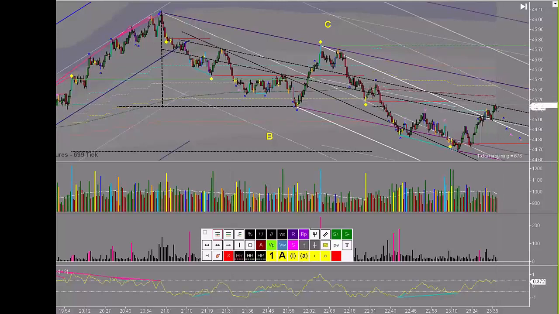So would you guys go in for a short here? So that's your entry here. With that, you'd probably need some confirmation from another chart, but this is the area that we're looking at.